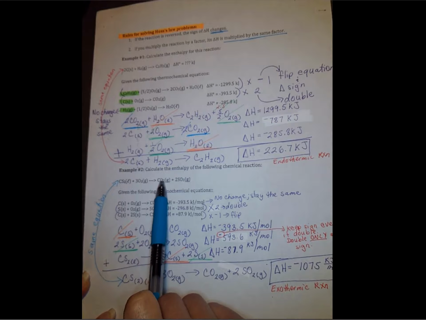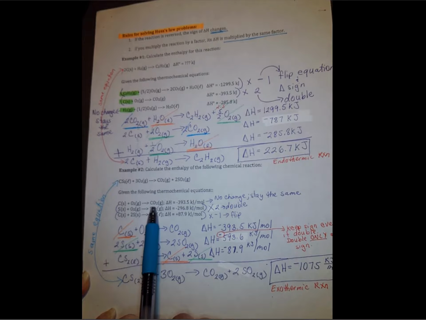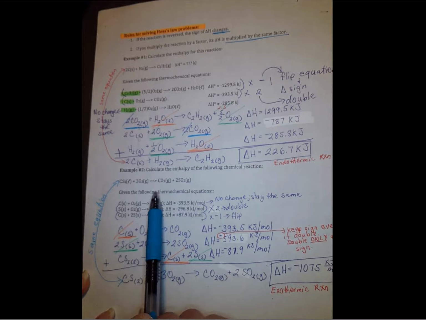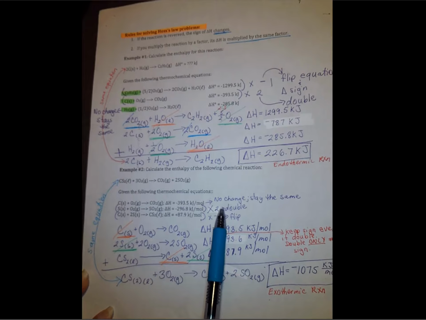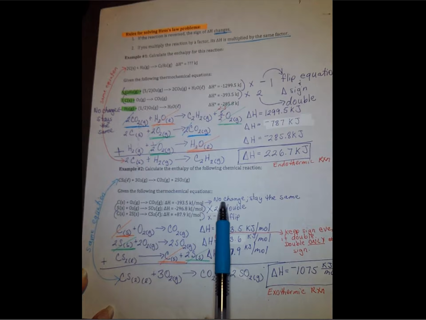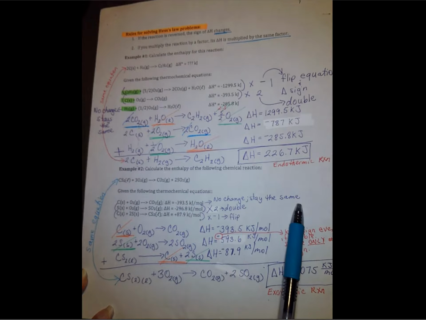Since the number of moles is the exact same, and the compound is on the product side in both, we are not going to make any changes to this reaction. It's going to stay the same.